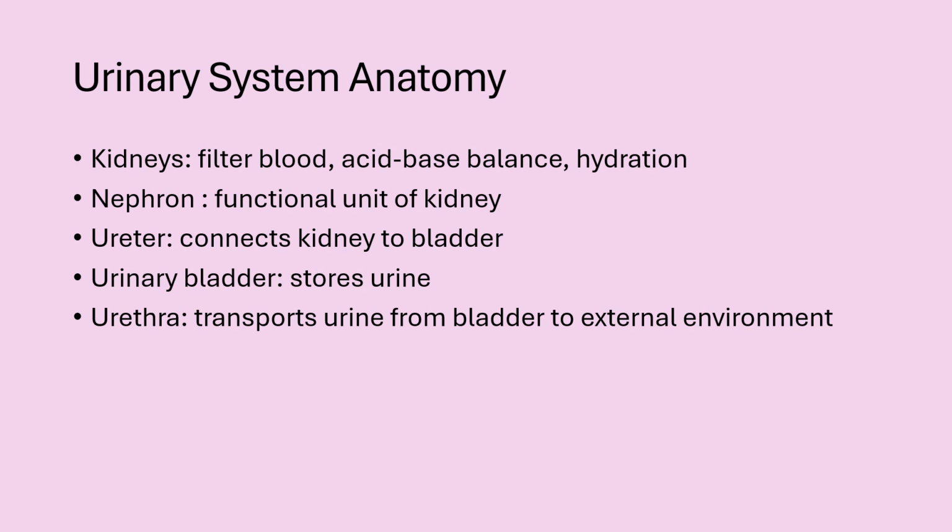so the urine that's produced in the kidney is going to flow through the ureter down to your urinary bladder, which then stores that urine until you expel it, and it's going to be expelled through the urethra. The urethra is much shorter in females versus males, and so for that reason, bladder infections are more common in females than they are in males.